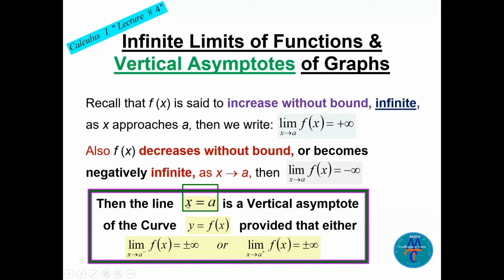Look at this, this is a vertical line. This is a vertical asymptote of the curve. On the graph, you will see x equals a is a vertical asymptote of the function y equals f of x, provided the limit from the left or from the right is plus infinity or minus infinity.